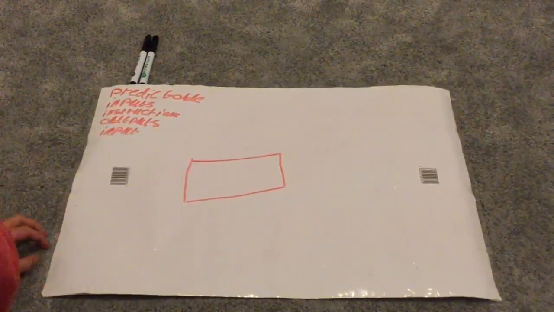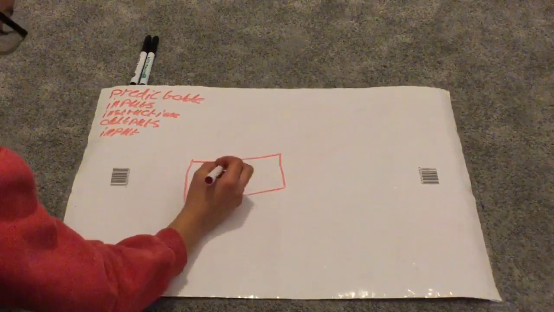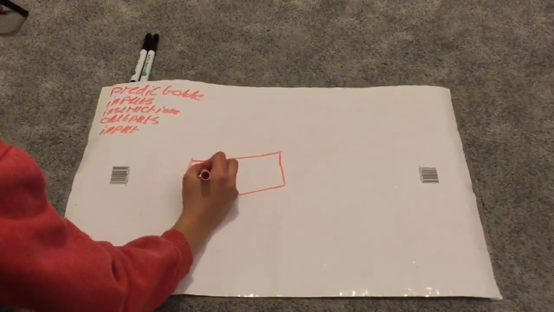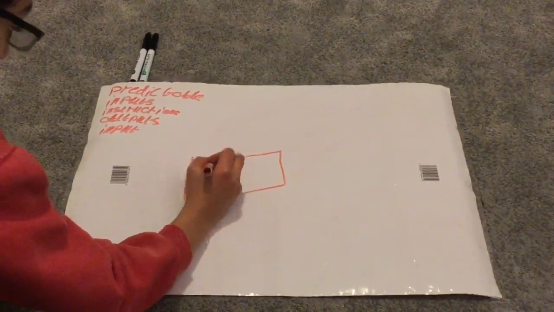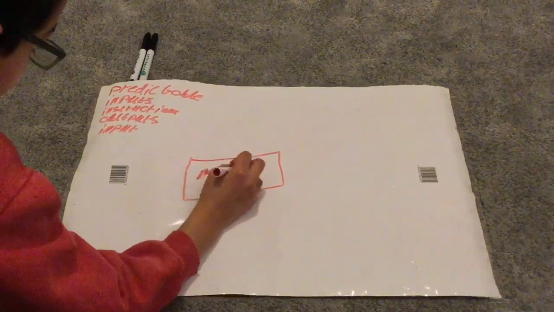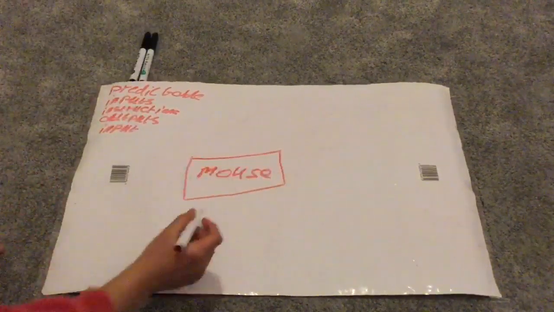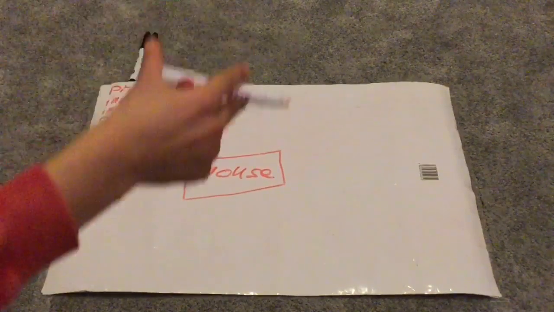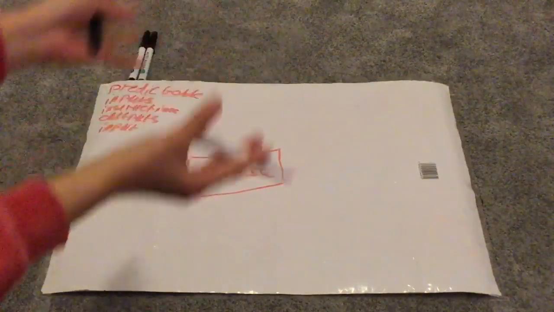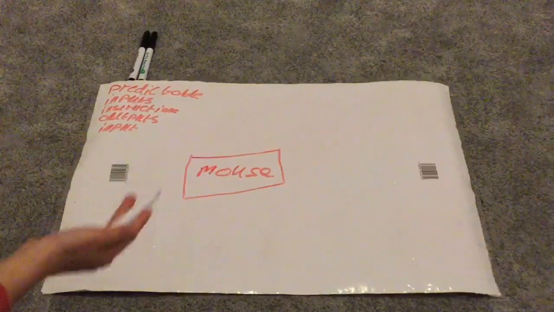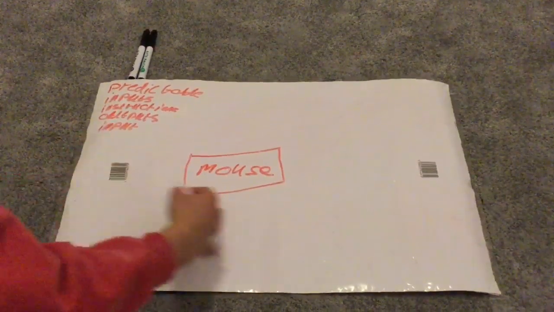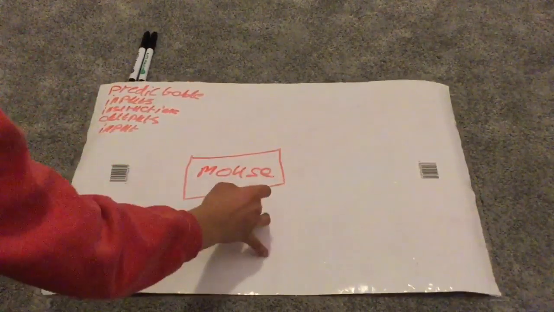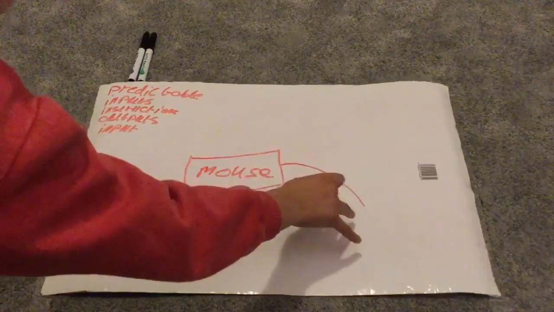It can't be anything and everything. So the name would be, say, mouse. Mouse is the input, but that's not the plural. We want the plural for input, which is inputs.